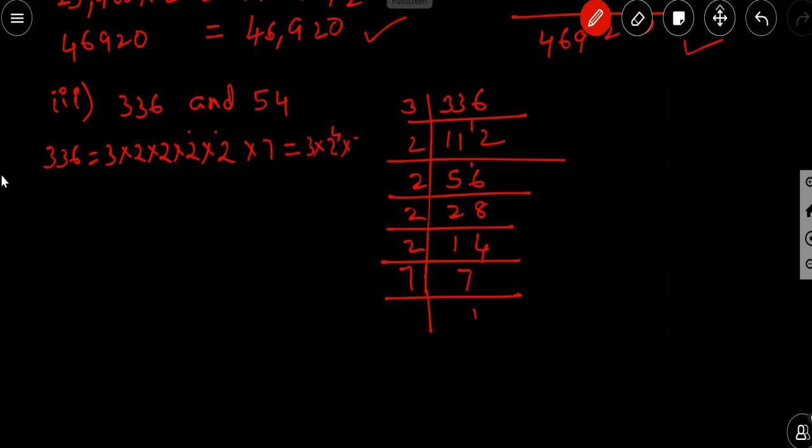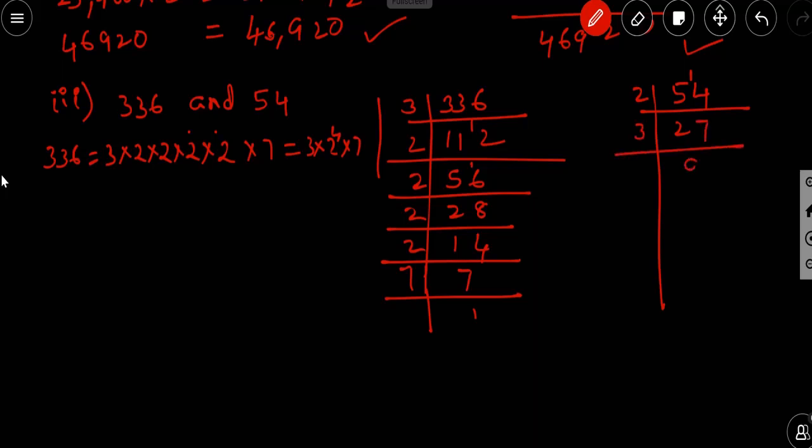Okay, so next we'll find the factorization for 54. How do I write it? It is divisible by 2. So 2 27s are 54. 27 means it is divisible by 3.